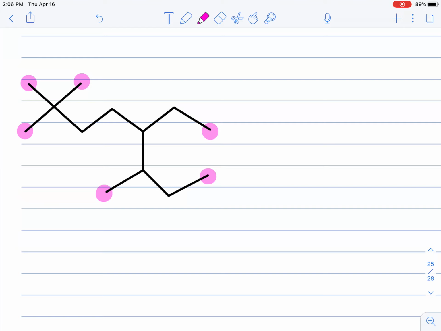We're going to talk about double bonds and triple bonds a little bit later. All of these highlights in pink have 3 invisible hydrogens. That carbon highlighted in pink only has 1 covalent bond, and therefore there must be 3 invisible hydrogens present that are just not drawn or shown.